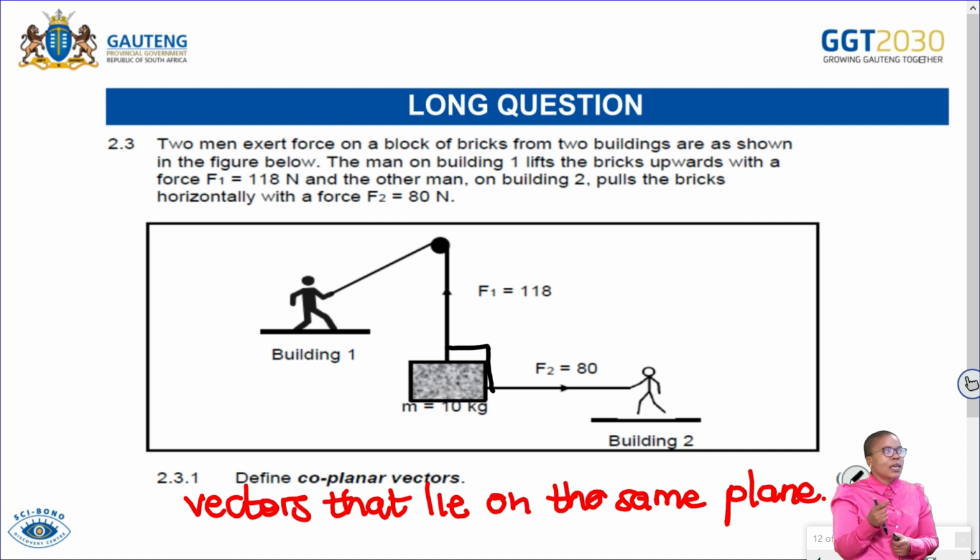Also, if we're looking at the downward direction, we have the force of gravity acting onto the block. Remember, we counted the force of gravity as a non-contact force. It is there, but it is not touching or having a physical relation to the block.